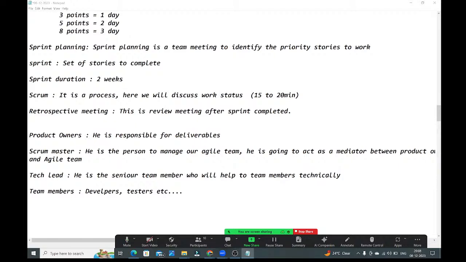If you have very good interaction with higher-level people, then you can connect. If you don't have much interaction with them, they won't respond that quickly, because they are occupied with different work. So in that case, if you inform the Scrum Master, he will talk to the product owner and set up the meeting.